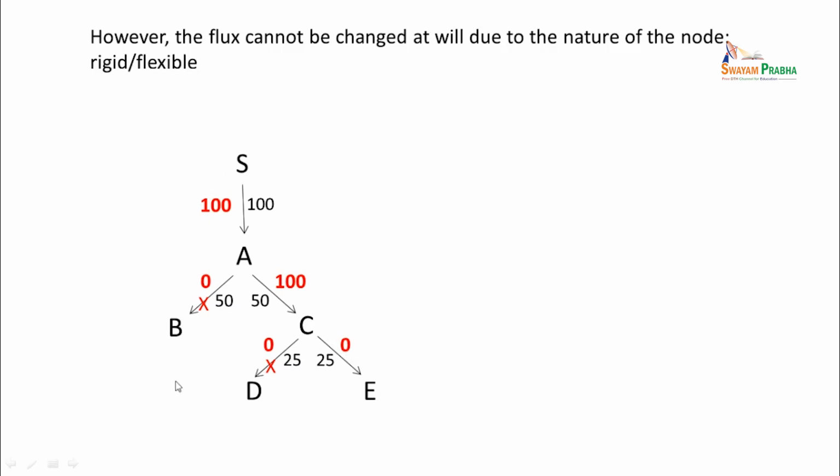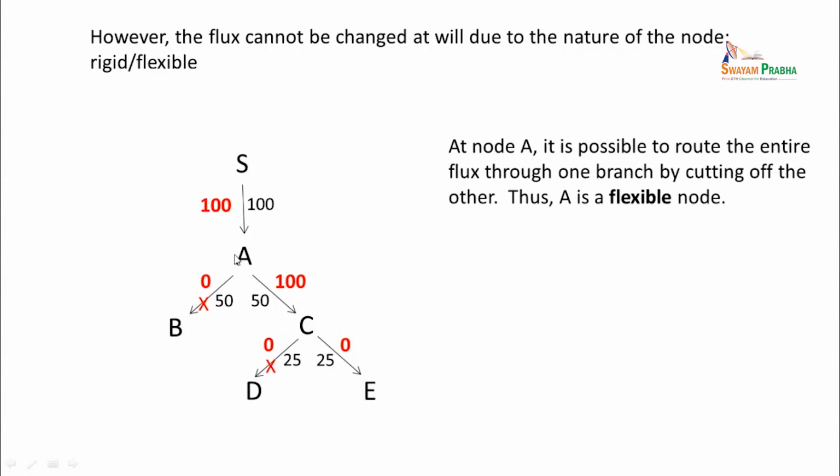Okay. Let us say that this has happened. It's not easy to observe this, but let us say this has happened. If this has happened at the node A, it is possible to reroute the entire flux through one branch. Okay, let's say this is the desired branch. By cutting off this branch, we are able to reroute all the flux through this branch, and therefore this is a flexible node.